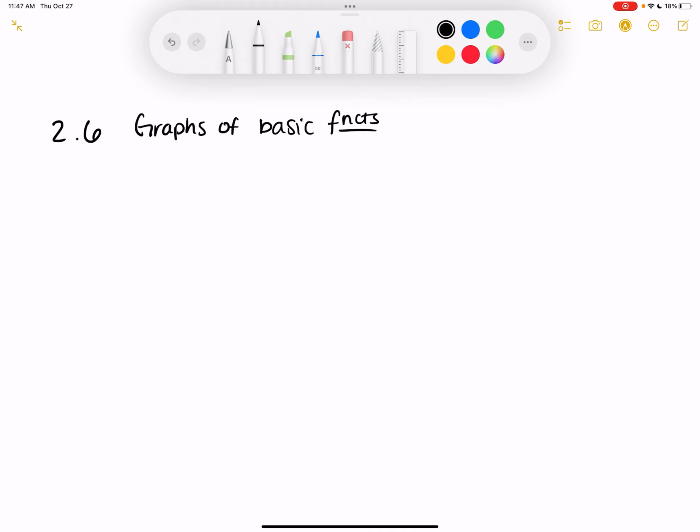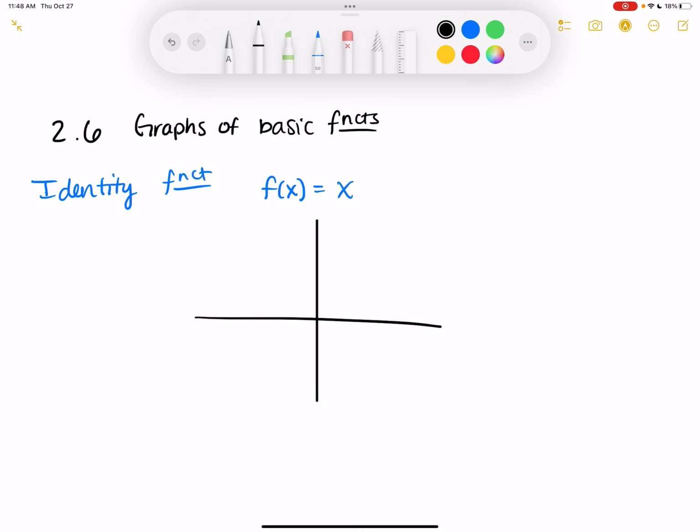All right. So we've got the identity function, which is f of x is equal to x. Looks like this.